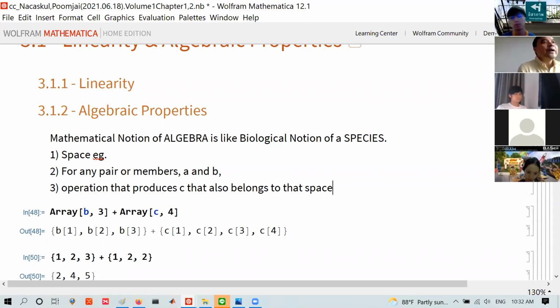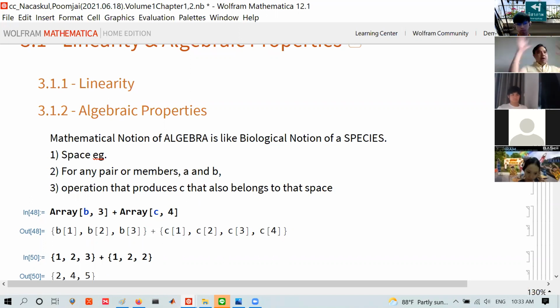When you want to define a species, you have to say there's a population of Homo sapiens. There's a biological operation called reproduction, and the act of reproduction is only valid between two members of the same species, and it produces another member of the same species.